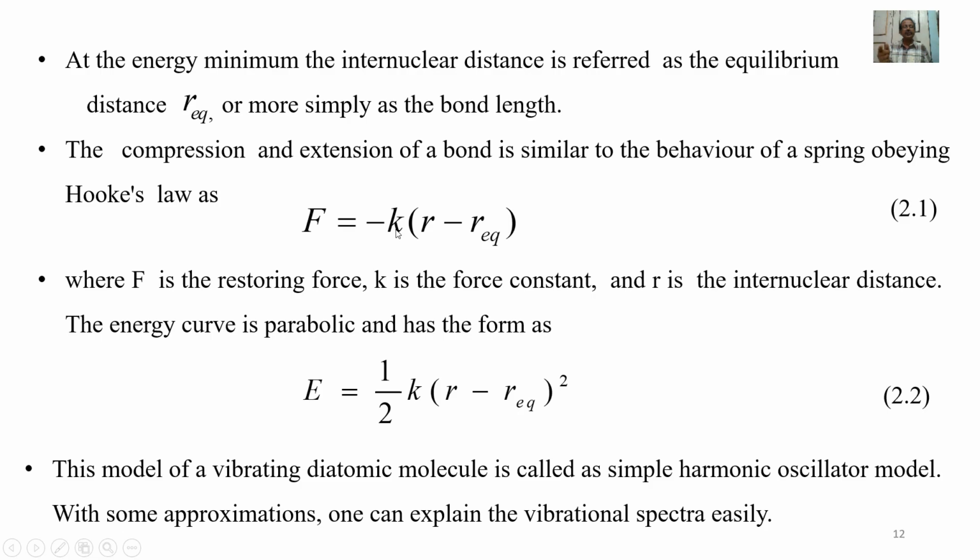So here it is F equals minus K (R minus R eq), where F is the restoring force, K is the force constant, and R is the internuclear distance. The energy curve is parabolic and has the form E equals 1 by 2 Kx squared, so 1 by 2 K (R minus R eq) whole squared. This model of a vibrating diatomic molecule is called the simple harmonic oscillator model. With some approximations, one can explain the vibrational spectra easily.